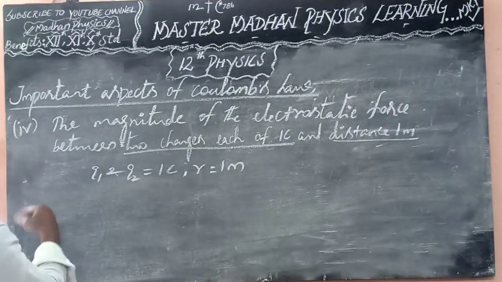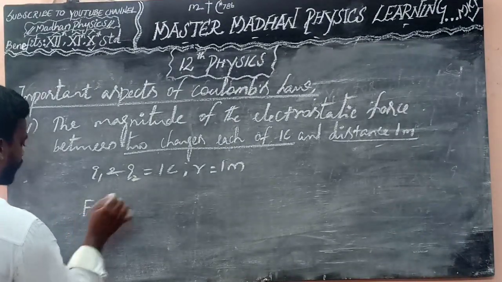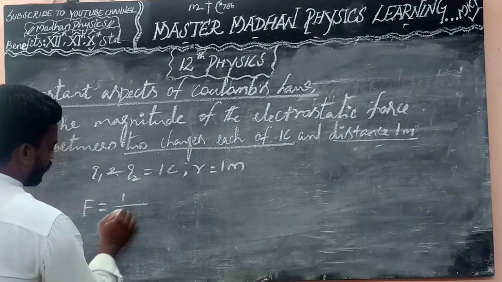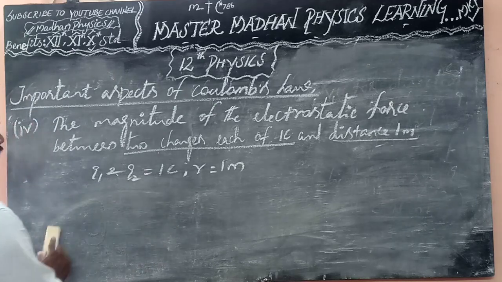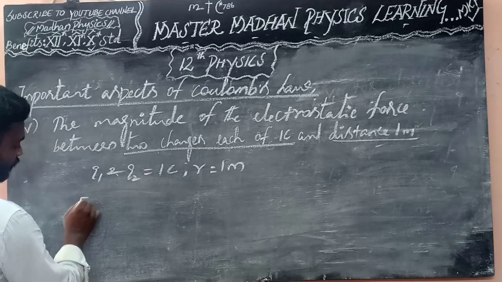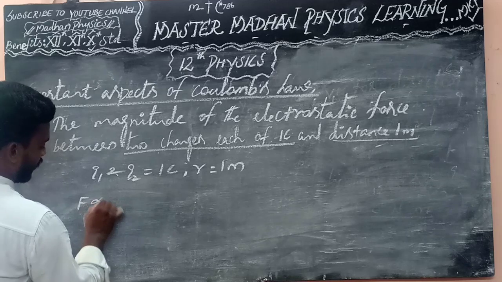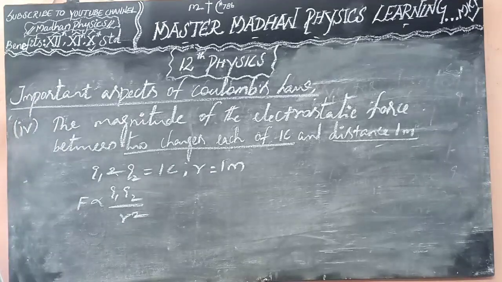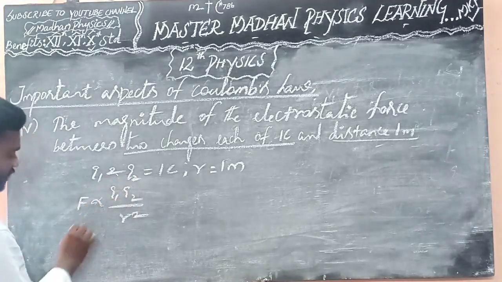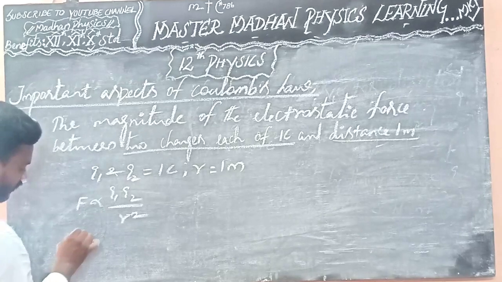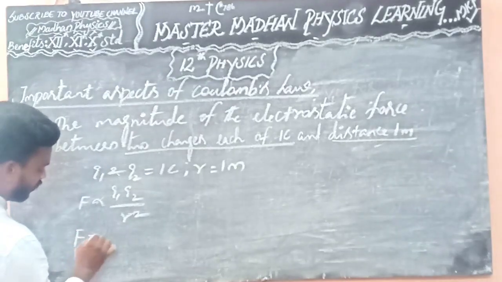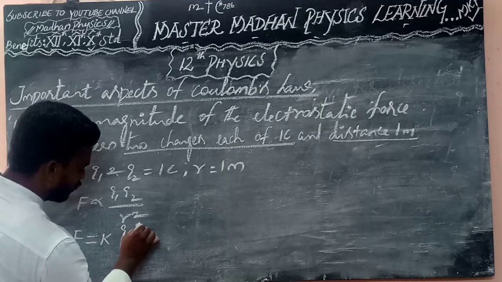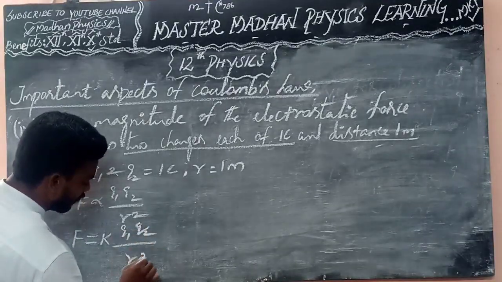So how can we form this? From the beginning we have formed the equation F is directly proportional to Q1 Q2 by R square. This is the simple equation for Coulomb's law. When we take directly proportional to, we put one constant, K, so F is equal to K Q1 Q2 by R square.